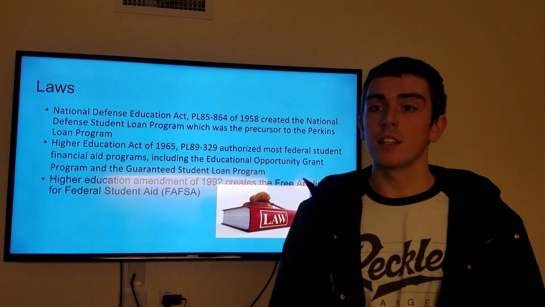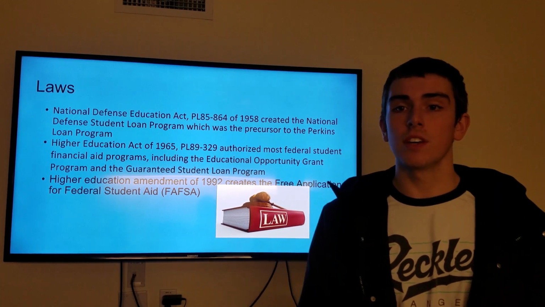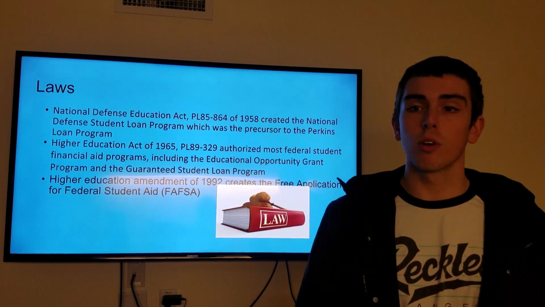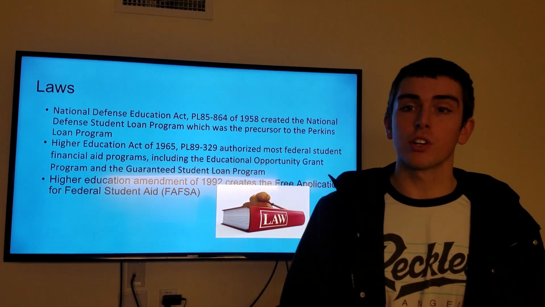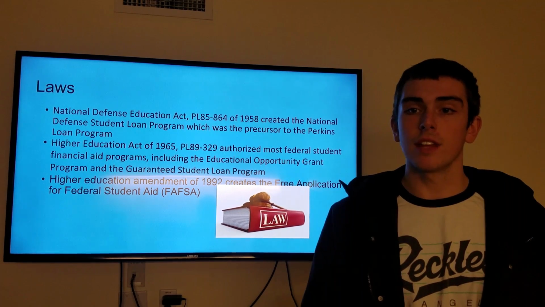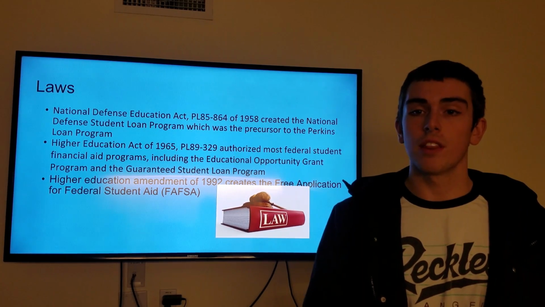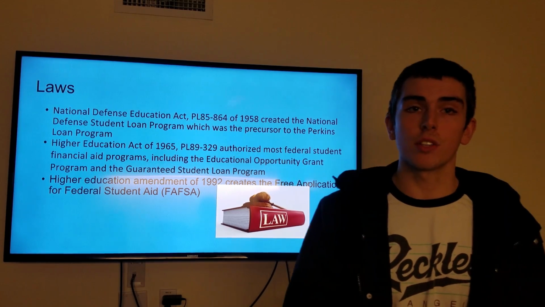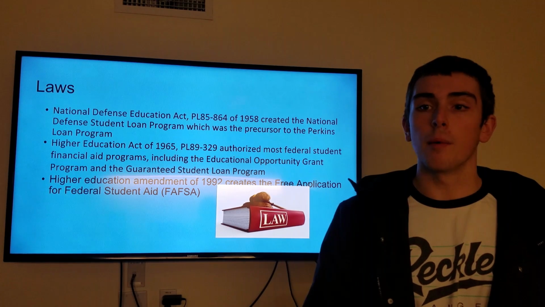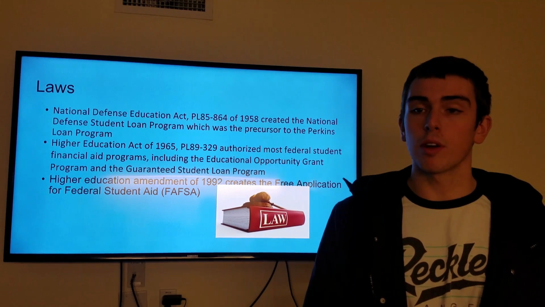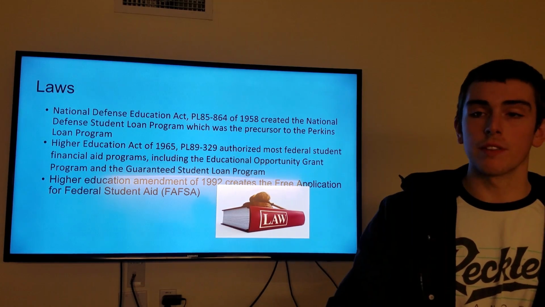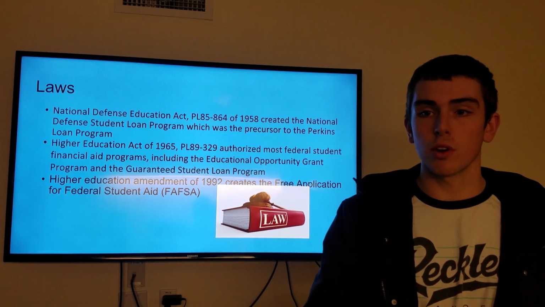So in 1958, the National Defense Education Act created the National Defense Student Loan Program, which was the precursor to the Perkins Loan Program. In 1965, the Higher Education Act authorized most federal student financial aid programs, including the Educational Opportunity Grant Program and the Guaranteed Student Loan Program, which was the Pell Grant and the Stafford Loan Program.